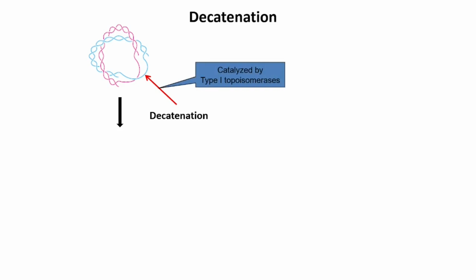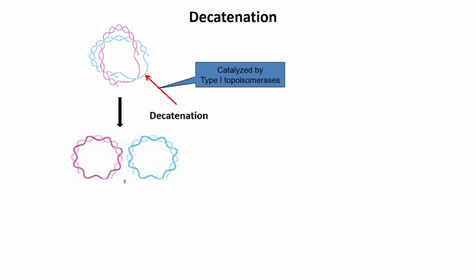If the end result of termination of replication is two incompletely formed daughter duplexes interlinked to each other, then they can undergo decatenation first. For this, a single-stranded nick is required, and this can be brought about by type 1 topoisomerases. The two incompletely formed daughter duplexes get separated.